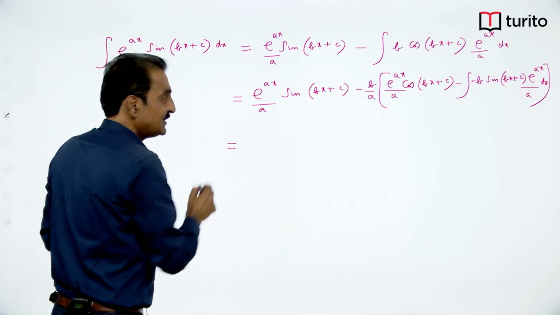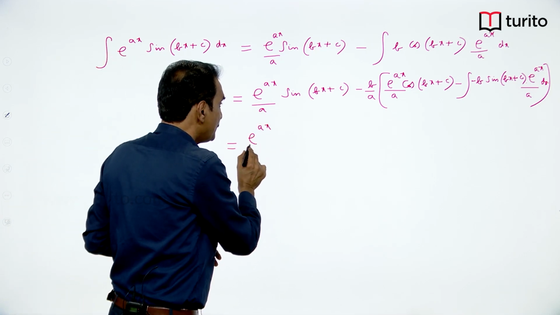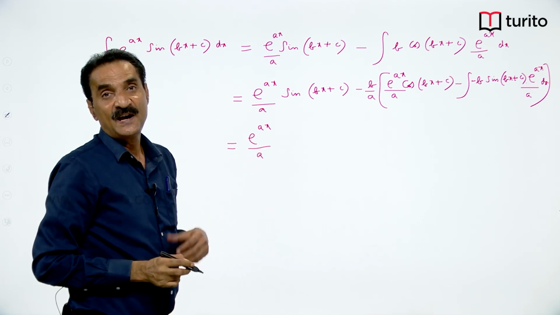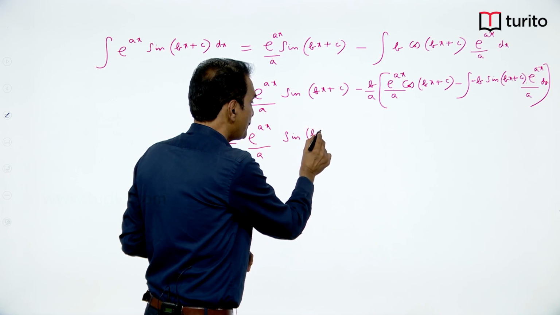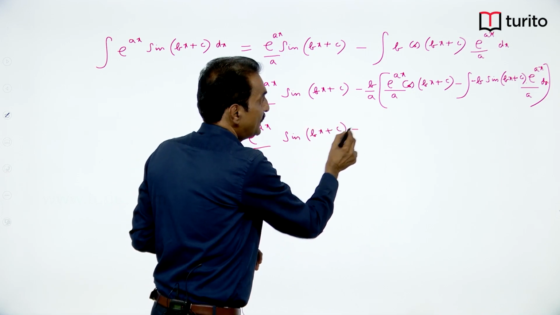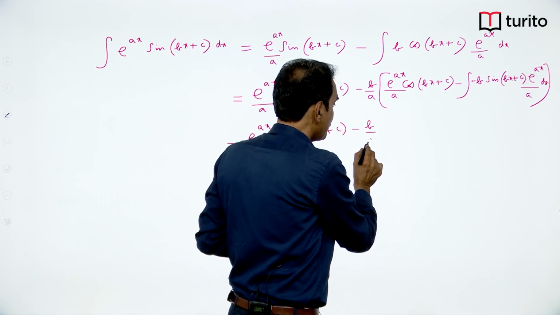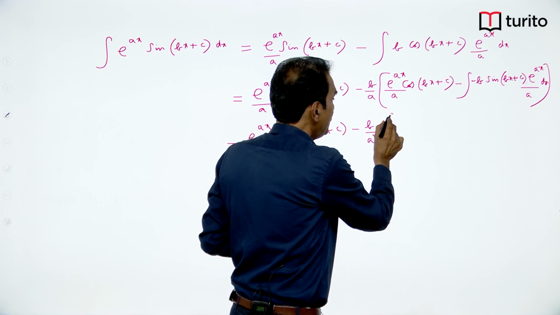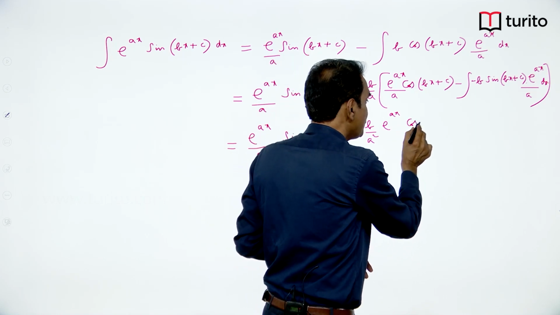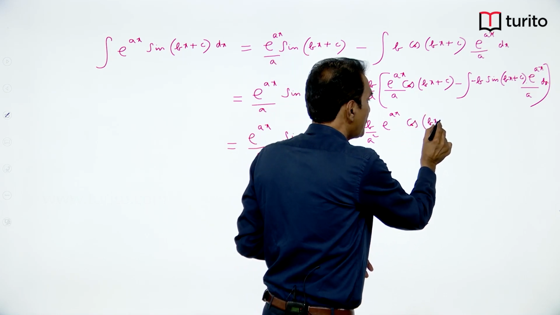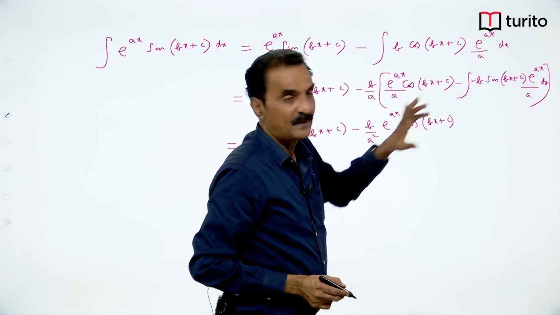Now simplify: e^(ax)/a into sin(bx+c) minus b/a² into e^(ax) into cos(bx+c), now minus of minus is minus.